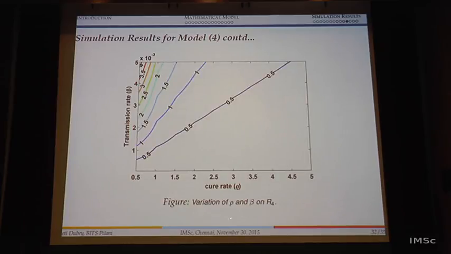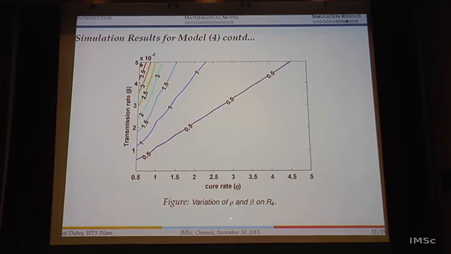And in this figure we have shown the variation of rho and beta. We can see that the reproduction number is dependent on a lot of parameters, but we have seen which parameters it is sensitive to. So we have shown here the cure rate and transmission rate.